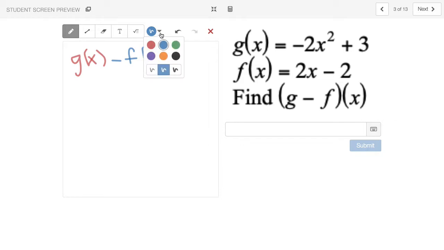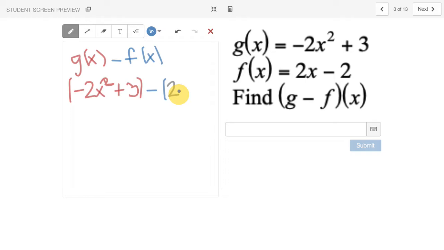So g of x we replace with the expression that it is equal to, which is negative 2x squared plus 3. And we are subtracting that by 2x minus 2.